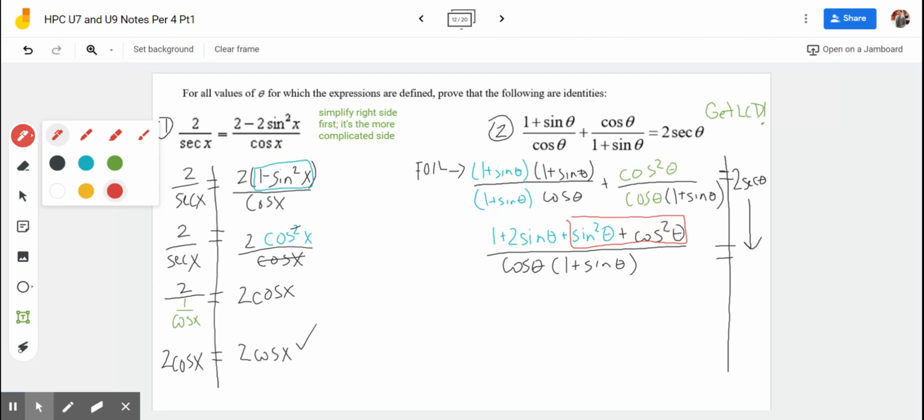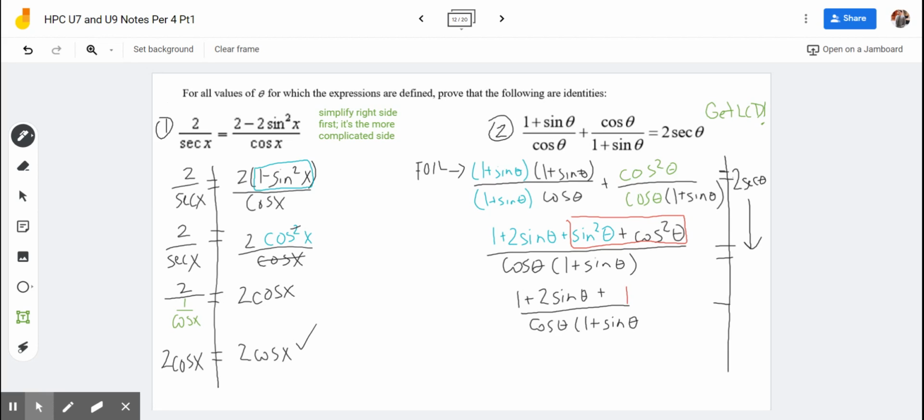That's equal to 1. So I'm just going to rewrite this now. It's 1 plus 2 sine theta plus sine squared plus cos squared. We're going to replace that with just 1, over cos theta times 1 plus sine theta.